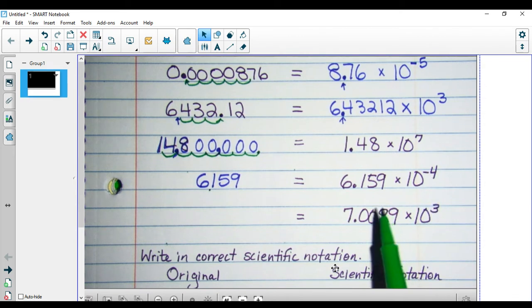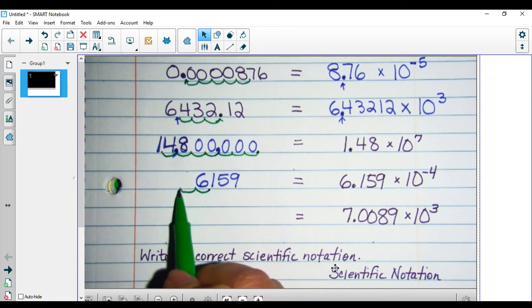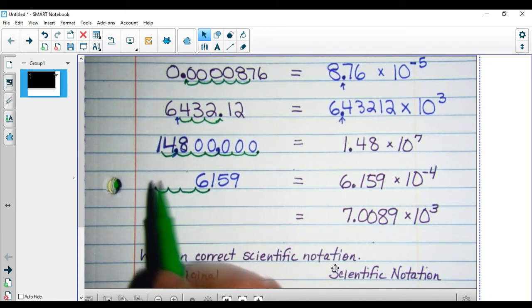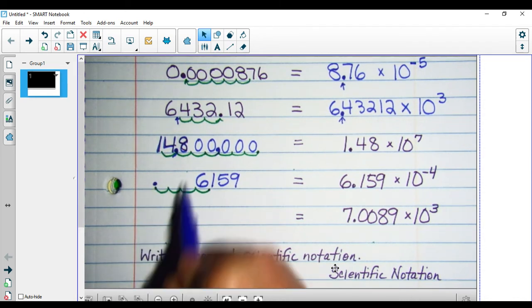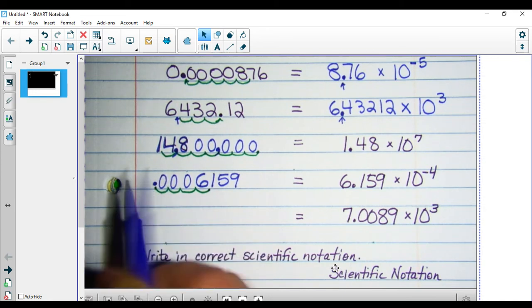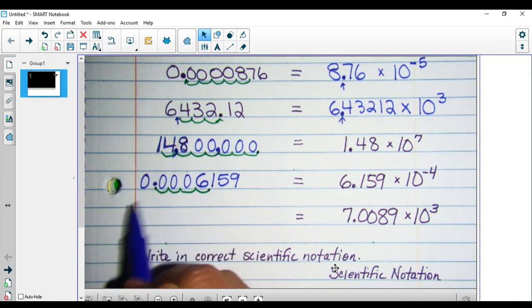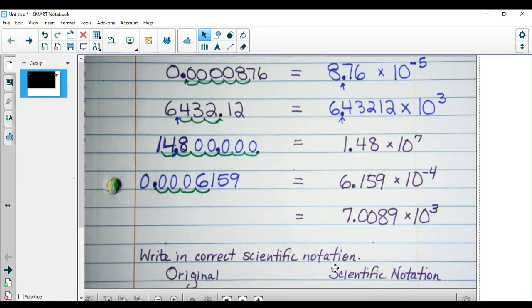That's like dividing by 10 4 times. So I need to move my decimal to the left 4 times. Rewrite the decimal, and now I can fill in my zeros as placeholders, and we like to put a 0 in front of the decimal just to emphasize that the decimal is there.